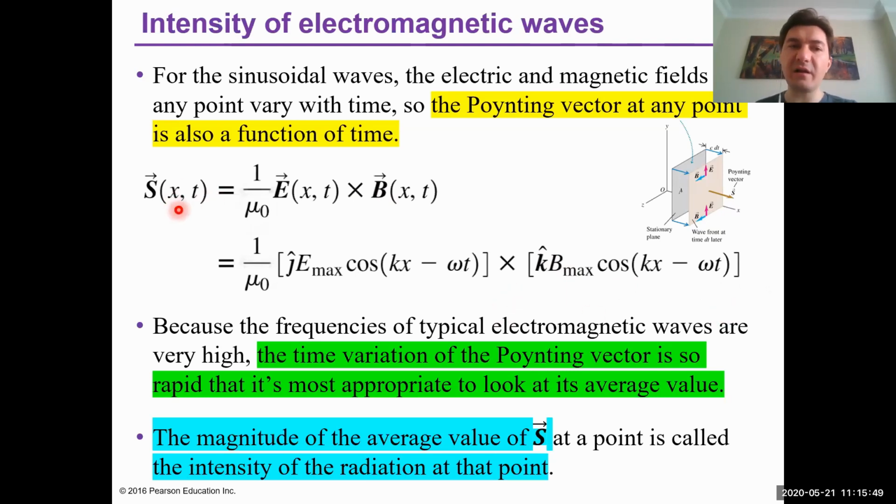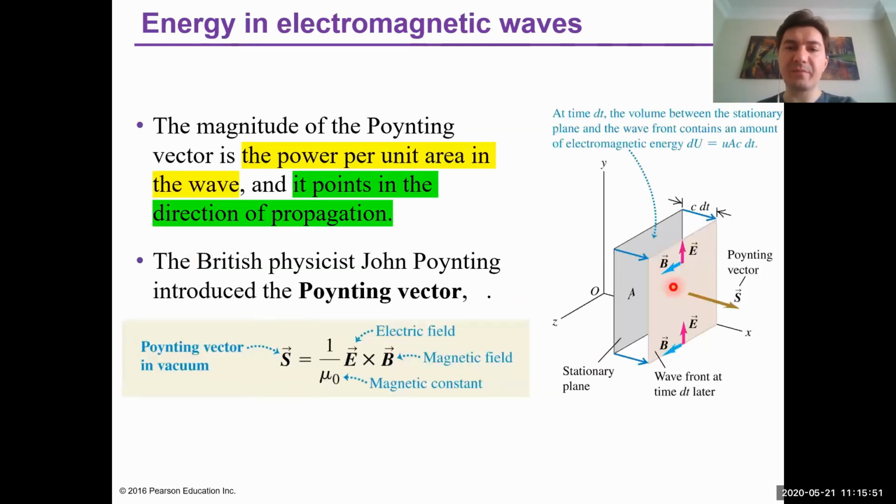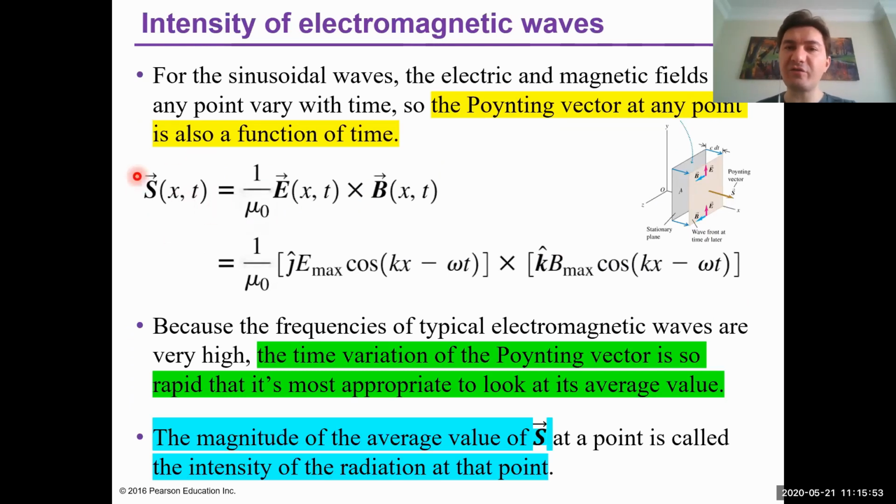So as a result, this Poynting vector will change as a function of time. Then it is better to write the average value of that Poynting vector. And the average of the Poynting vector gives us the intensity of the electromagnetic wave.